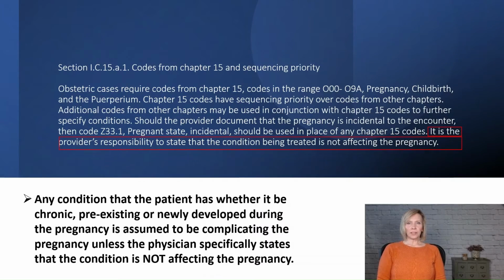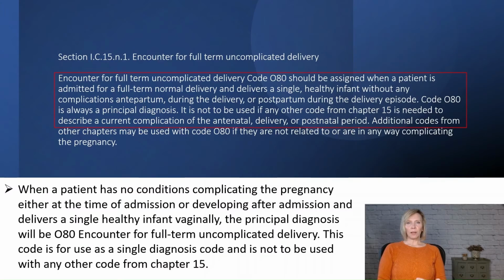Next, it's important to understand that any condition that the patient has, whether it be chronic, pre-existing, or newly developed during the pregnancy, is assumed to be complicating the pregnancy unless the physician specifically states that the condition is not affecting the pregnancy. Now that we have reviewed those important concepts, let's move on to selection of principal diagnosis.